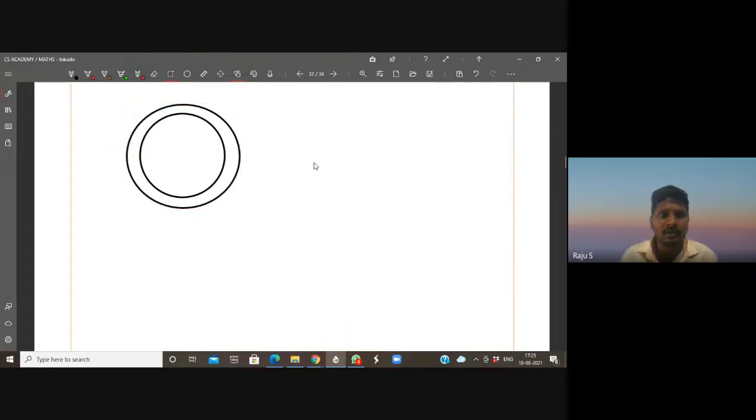Then the area also will increase. This is the original radius, and this is the increase. How much is the radius increasing? 0.01. This increasing part I am taking as dr by dt. dr by dt is 0.01, right?